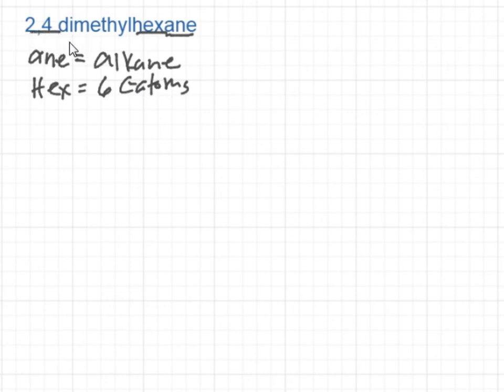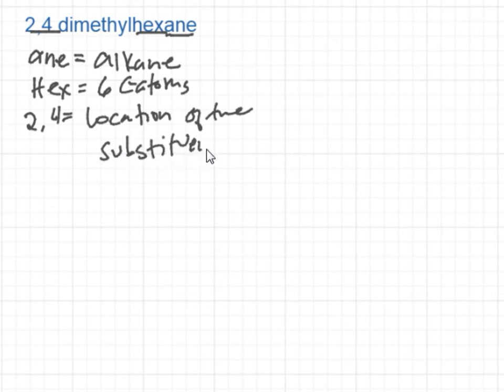Now, the 2 and 4 represent the location of the substituent, or yung tinatawag nating branch, right? Kung nasaan sila makikita sa pangalawang carbon at pang-apat na carbon. And then the methyl is the group that is attached on number 2 and number 4 carbon of the parent chain.